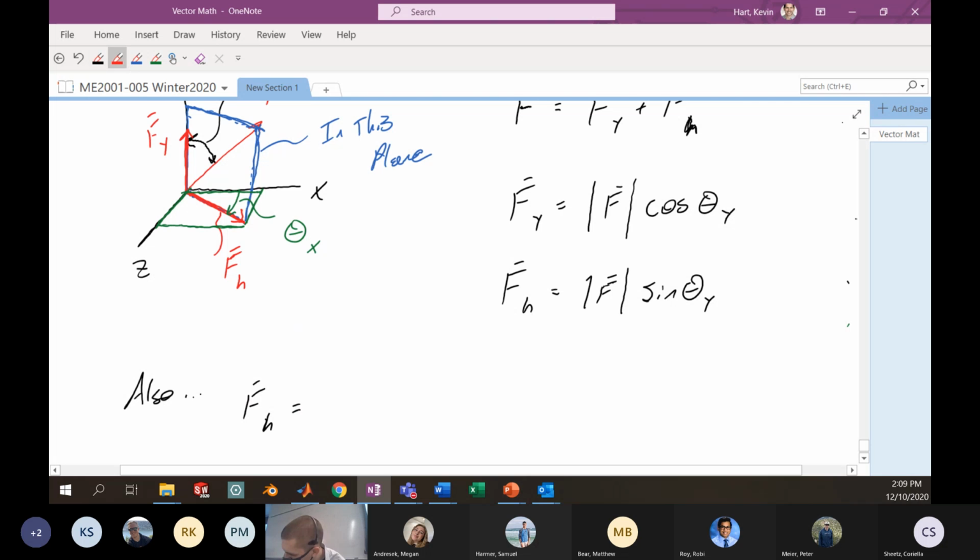I ultimately want to get to resolving this into the force directions. So here's Fx, and here's my Fz. Ultimately, what I'm after is trying to write my force F in terms of Fx, Fy, and Fz, right?